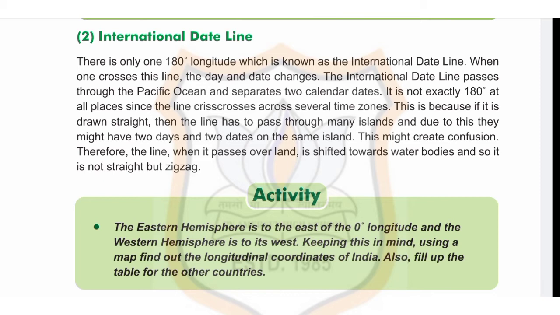This created a disorder for these islands. Hence, the IDL was drawn only through the water bodies. Thus, the IDL does not pass through any landforms. To draw it through water bodies, it had to be made zigzag. Thus, the shape of the IDL is zigzag.